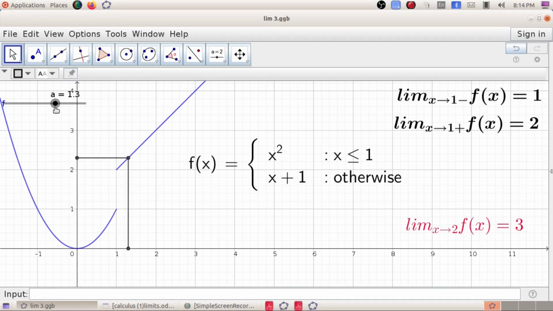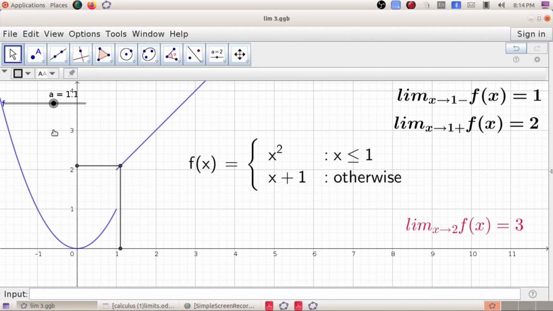Now x is approaching the real number 1 from right to left. That means x is coming near to 1 from right to left. Here we can see that x is approaching 1, but the value of the function is approaching the real number 2.